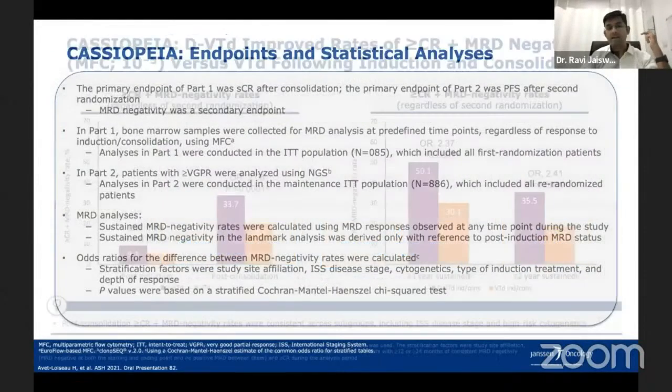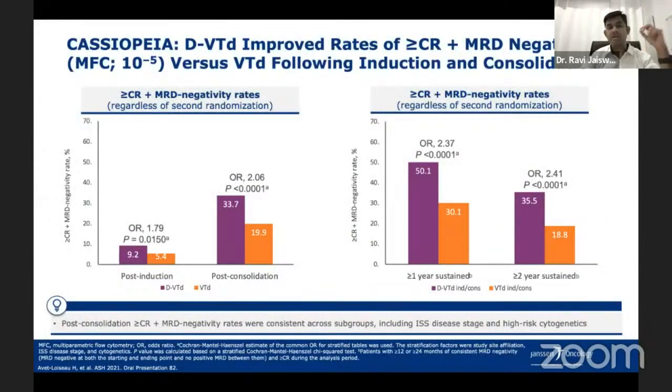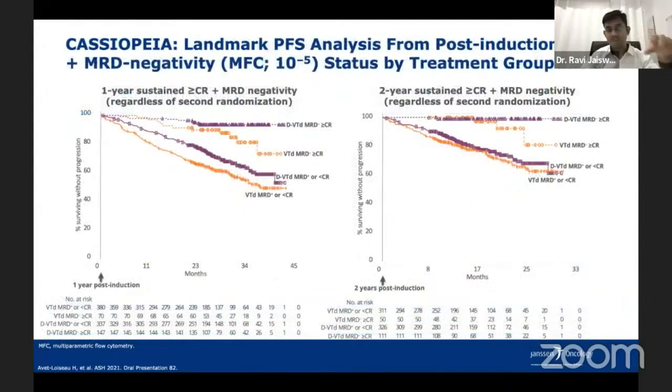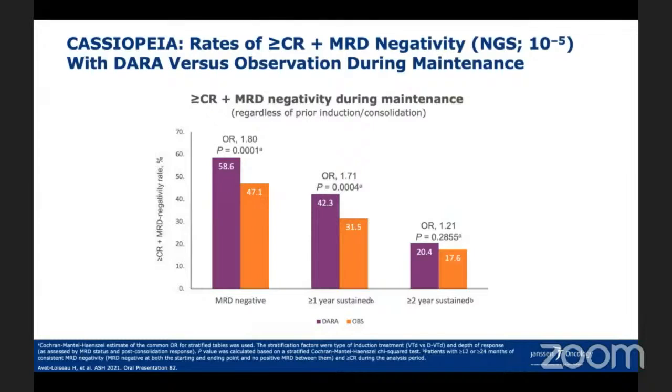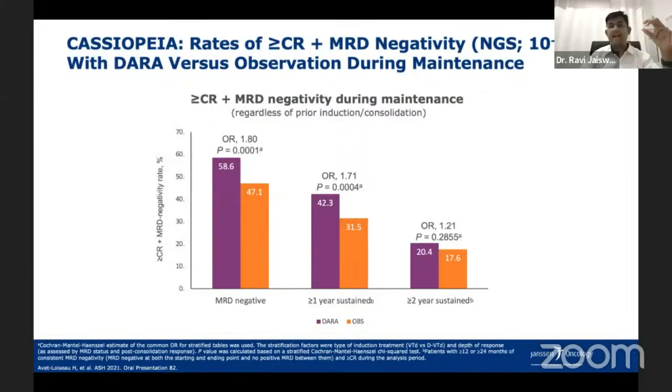And the study showed us that whenever this regimen containing DARA was used, more patients had a CR and a MRD negative status. And this MRD negative status and CR status was even higher when it was used during maintenance.